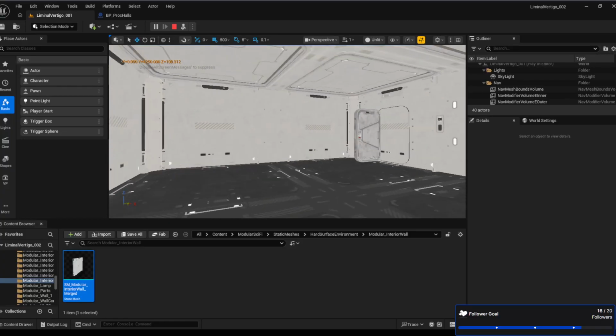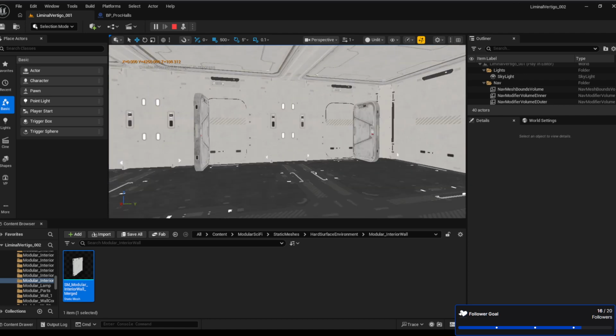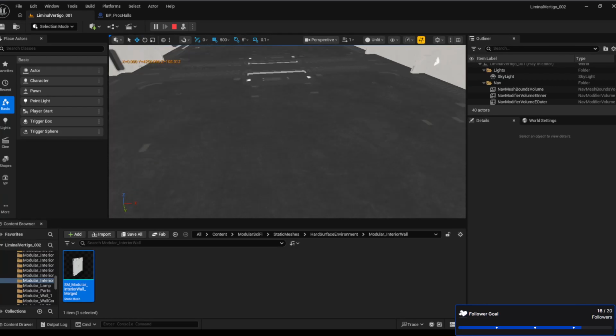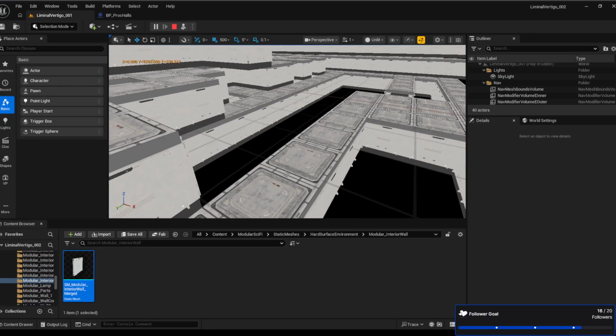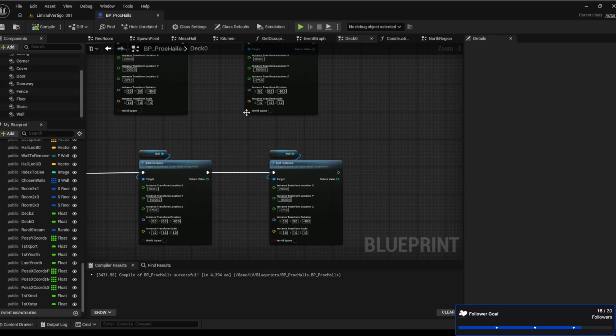So let's see this one. Whoa. Oh, they're all placed on the same level.